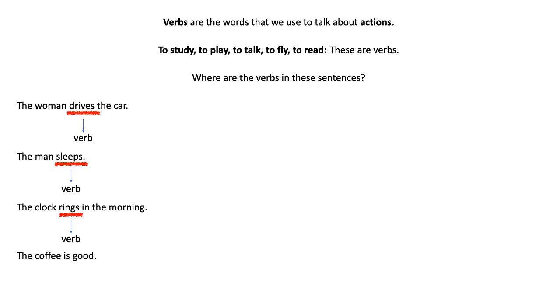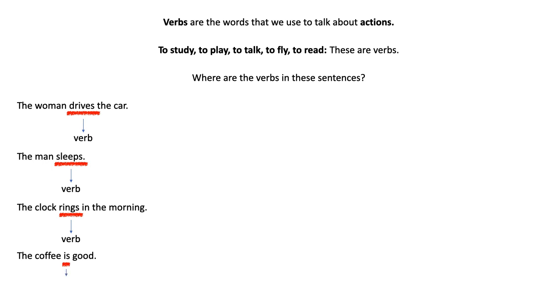One last example. The coffee is good. Is coffee an action? No. It makes you active, but it's not an action. It's just a thing, a drink. Is good an action? No. Maybe being good would be an action, right? Being is an action.